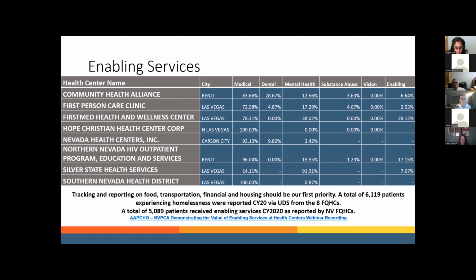Table 5, you have things around the number of visits, the number of patients in various categories like eligibility assistance, and case managers, outreach workers, transportation personnel, and things like that. And then, of course, on table 8A, you have your enabling services broken out as well, and you're reporting on that.